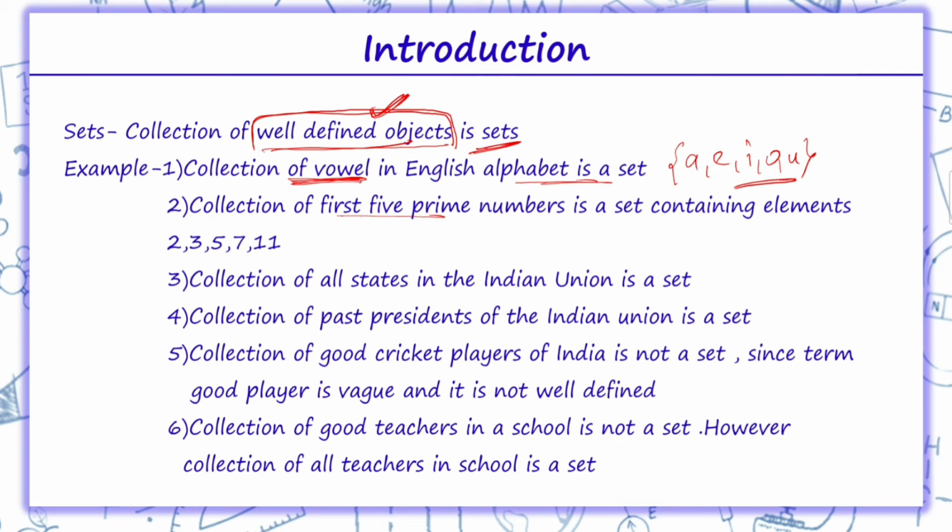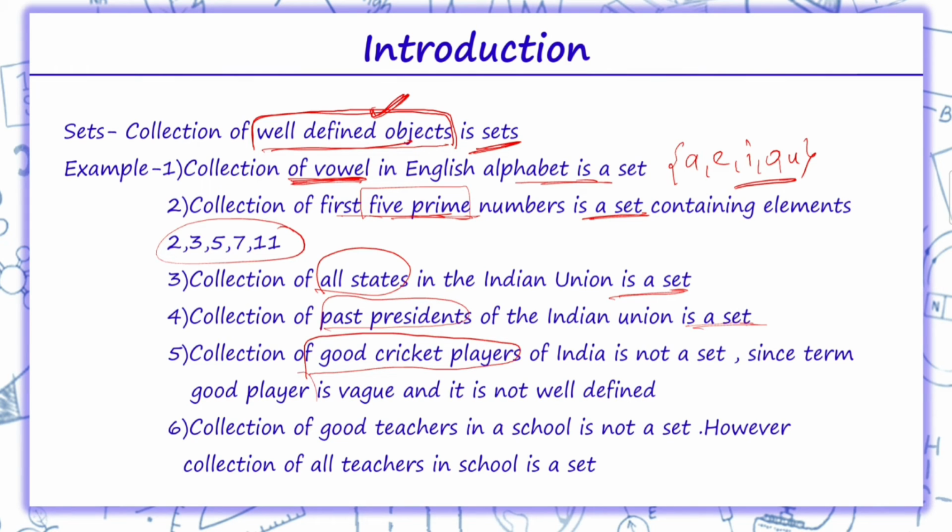Collection of first 5 prime numbers is a set because we are talking about the first 5 numbers, that is 2, 3, 5, 7, 11. Collection of all states, it is also a set. But yes, collection of good cricket players, it is not a set. Why?